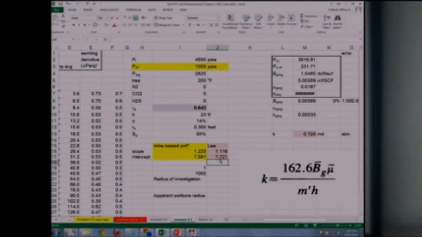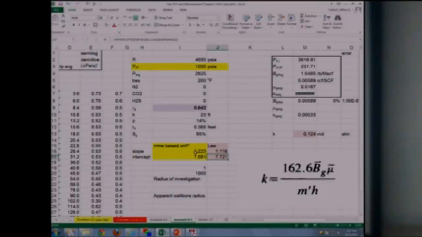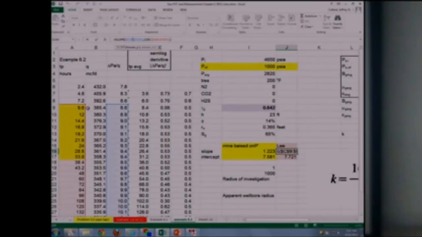And using their analysis, I get 7721, and they got 834. They cut off more of the early time data. Let's try to match their data a little bit better. Their slope doesn't have nearly as much early time data. It actually starts about here.